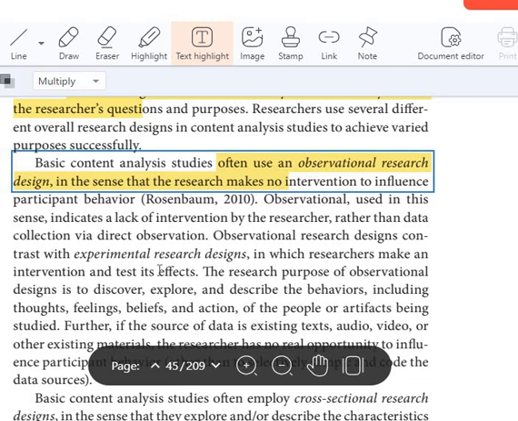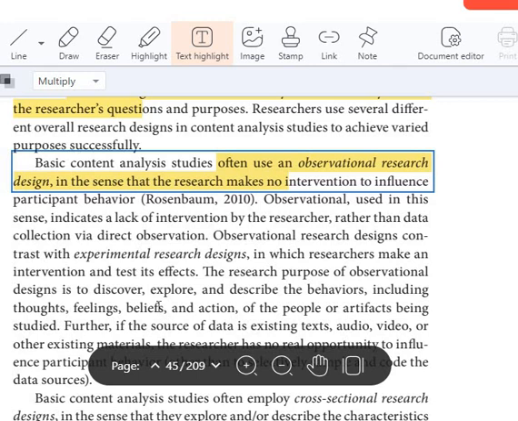In the experimental, you are experimenting on the sample, okay, and you try to interfere in the results, okay? However, observational research designs only observe and give you a description of the data ahead, without any trends in changing any of the results. So the research purpose of observational designs is to discover, to explore, and describe the behaviors without changing them.